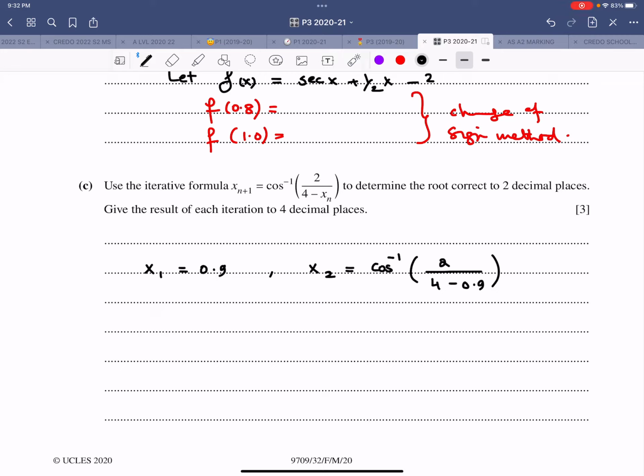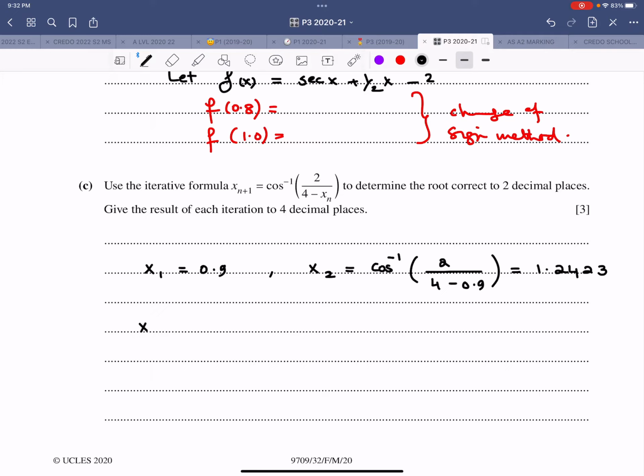And your calculator is in radian mode, and cosine inverse. So therefore this comes out to be 1.242. To 4 decimal places, 1.2423. This is the first answer that you get.